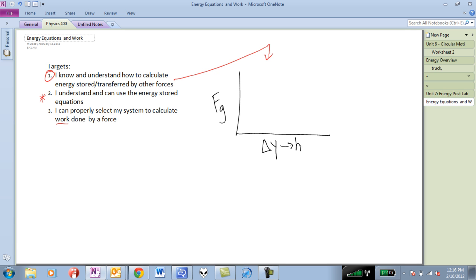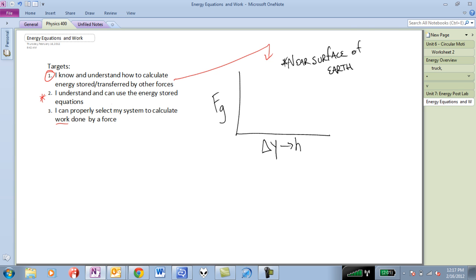Now, a question that I can ask is, what happens to Fg? Again, this is near the surface of the Earth. So this equation will work only near the surface of the Earth. What happens to Fg as you increase the height?